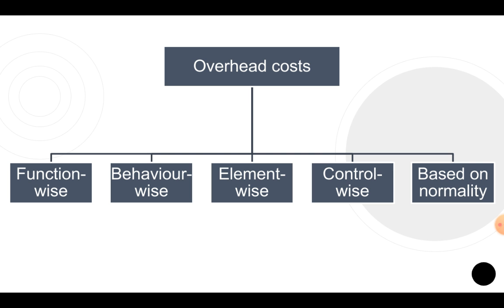Okay, so like your abnormal idle time and then abnormal wastage, all of these are pertaining to your overheads based upon normality. Okay, so these expenses will all be transferred to your costing, profit and loss account. So this is it with regards to the classification of your overhead costs, okay, under these 5 categories.